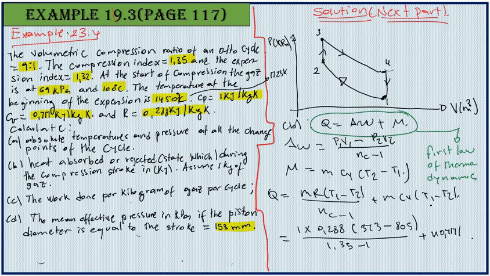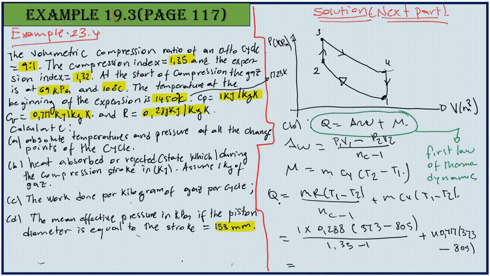I have the temperature T1, which is 373, and then I have T2, which is 805. So if I work this out, I'm going to end up with Q. So that is Q for compression.